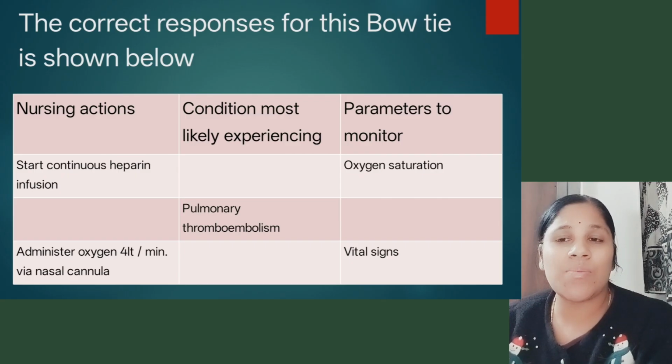To ensure that the treatment is effective, the nurse would monitor important parameters such as the client's saturation level, monitored via pulse oximetry, and the vital signs are also monitored to see whether the respiration has settled and the heart rate has settled.